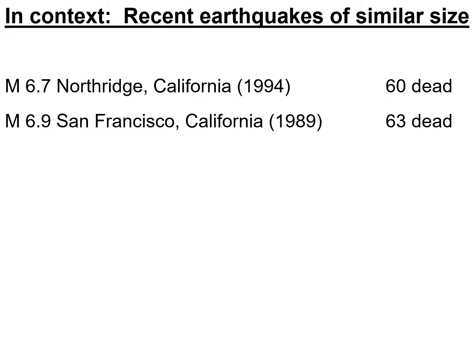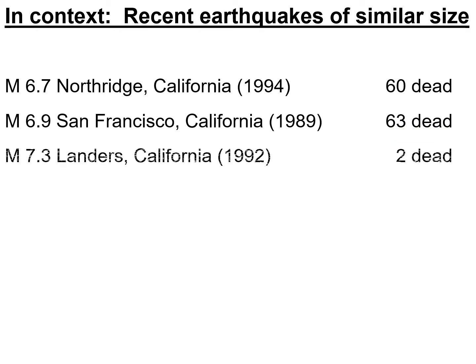The death toll there was 63. About 2/3 of them, though, were on that collapsed freeway. A 7.3 in Landers, California, killed 2 people. Now, yes, this was a little stronger earthquake, but it was out in the desert, a very sparsely populated area, and so there's just fewer people to kill, and that is the main reason why the death toll was so low.